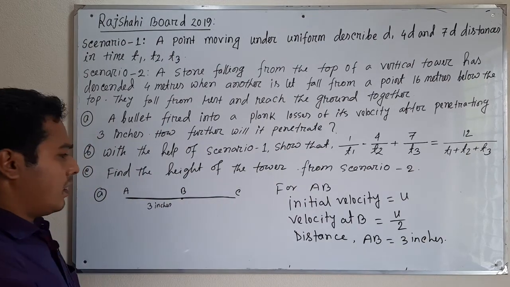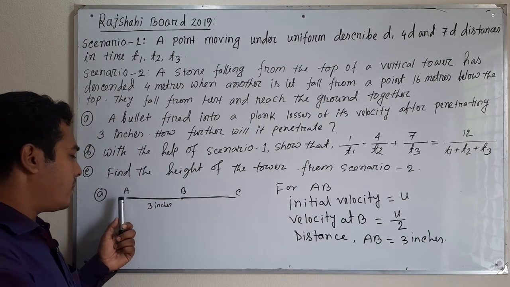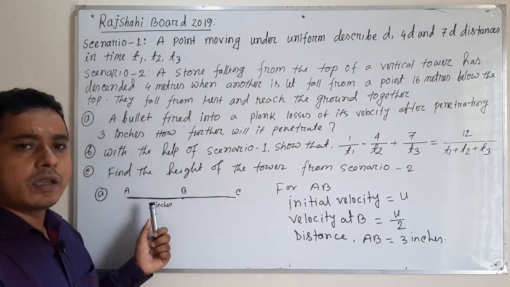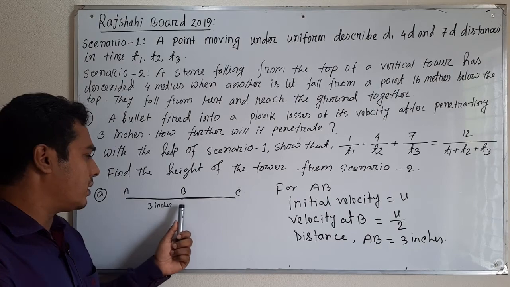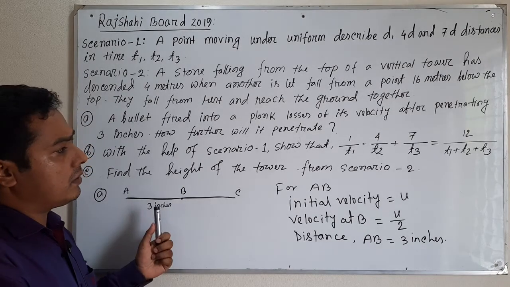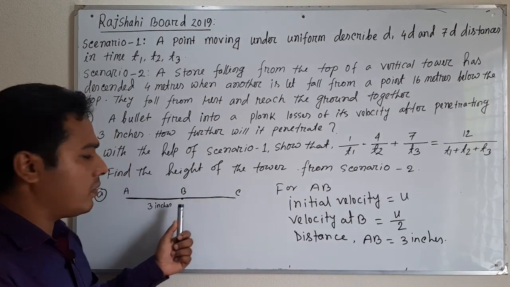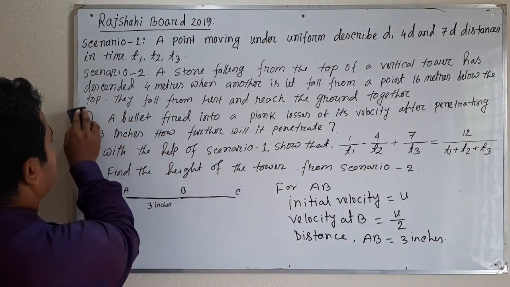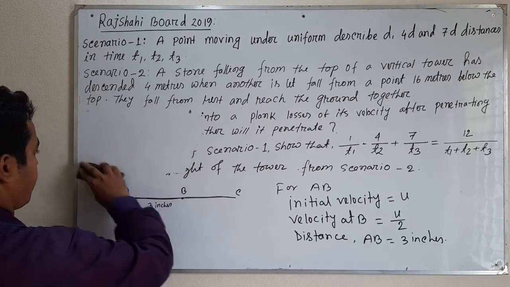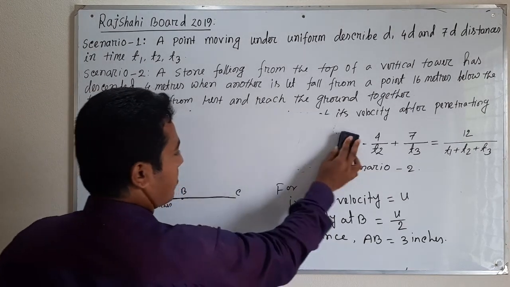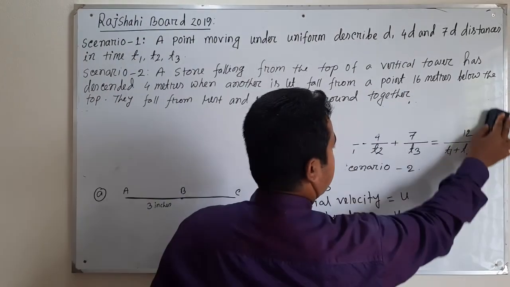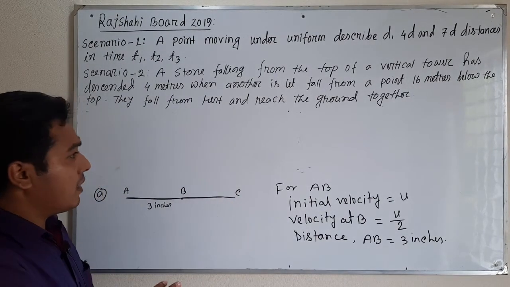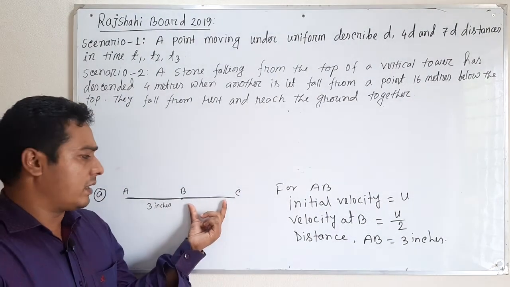Now after AB we want to find what will be the acceleration after 3 inches penetrating. Just further penetrating, we have to find BC, the length of BC.